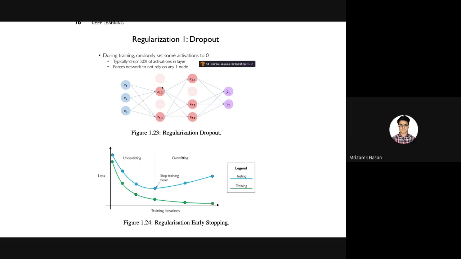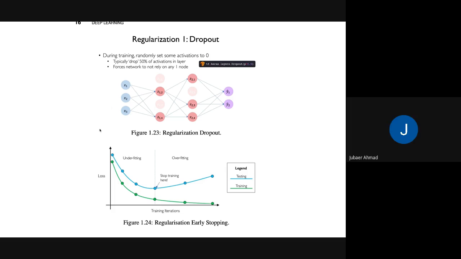Yes, sir. Typically we drop 50% of activations in a layer. It forces the network not to rely on any one particular node. So this is called dropout. Is it clear?